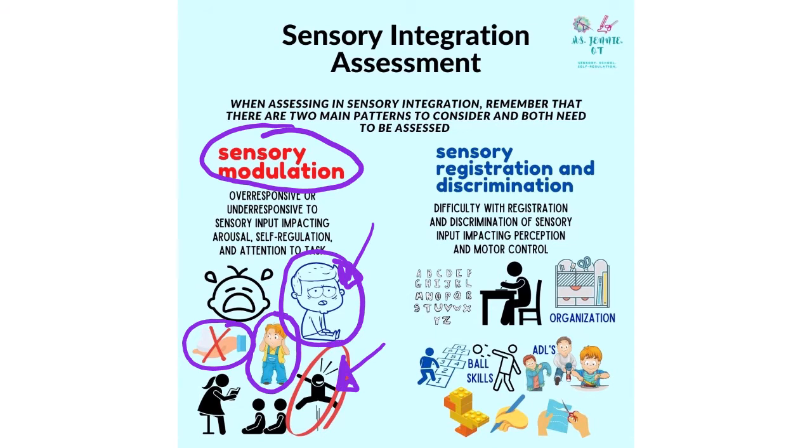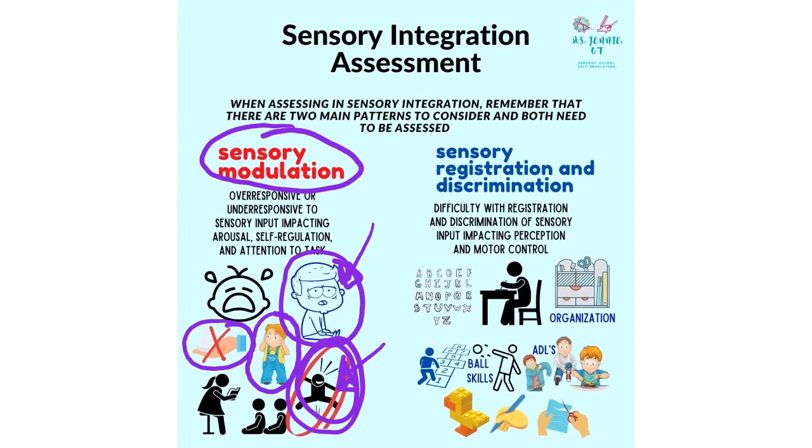But they're the ones that are moving around a lot during class. They're the ones that are running around. The teacher is always saying they can't keep still. So that's those kiddos. So that's the sensory modulation area that you need to be looking at.